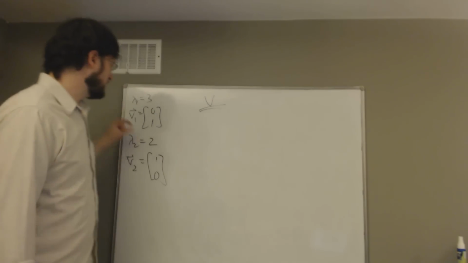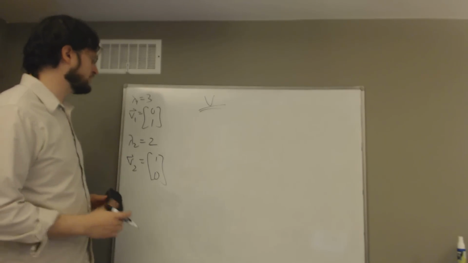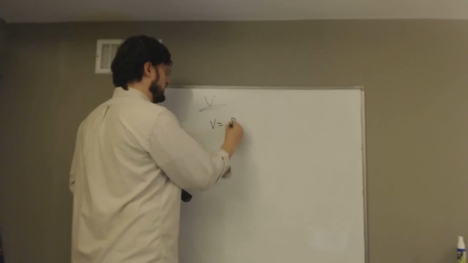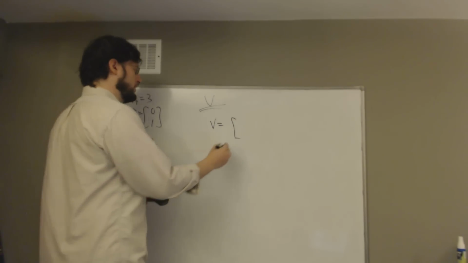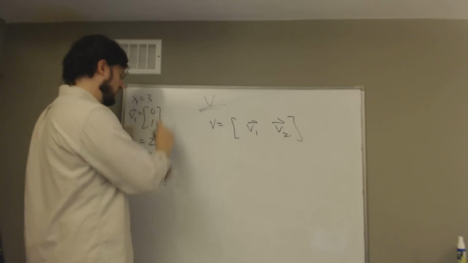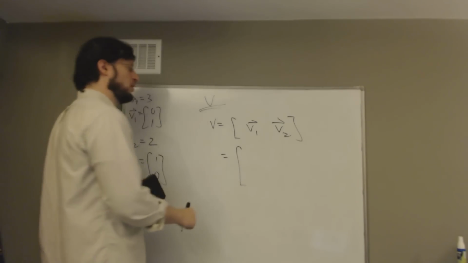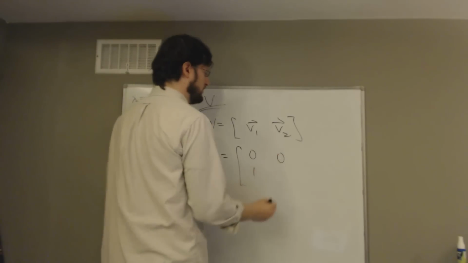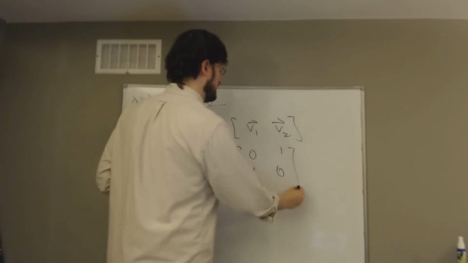But no matter what, you use all of the eigenvectors when you create V. So V is just going to be our eigenvectors, V1, V2 here, because that's all of them that we got. They're already normalized, so we get 0, 1, 1, 0.